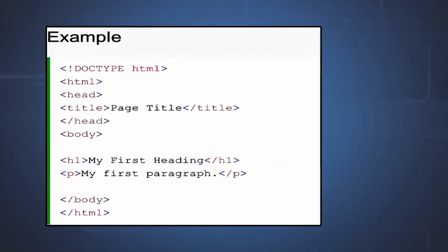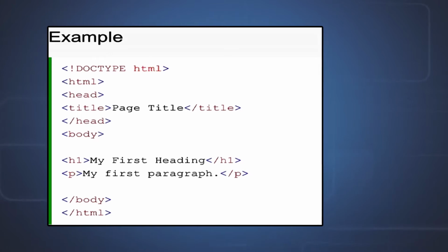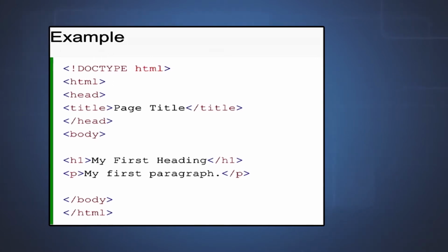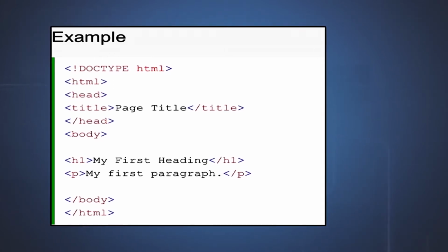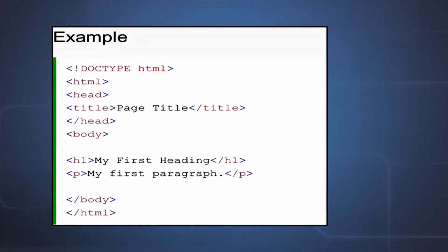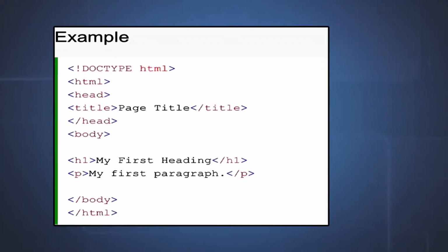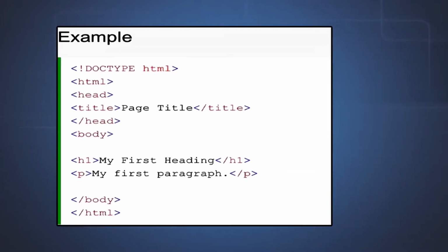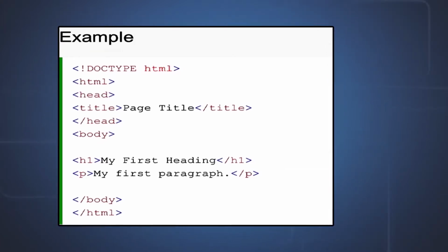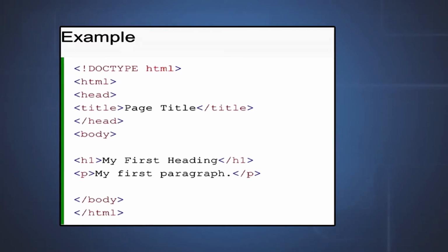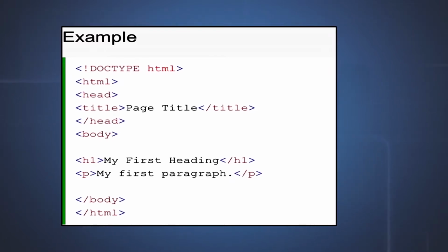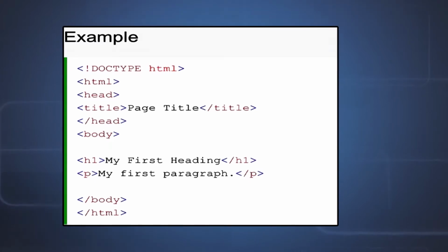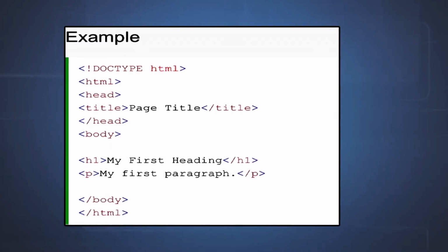So, for example, when we are making an HTML document, we will also be using a tag to inform that the type of the document is HTML. Then we will have some tags such as html, then head. Whenever we speak about an HTML tag, it should be in between the angular braces.